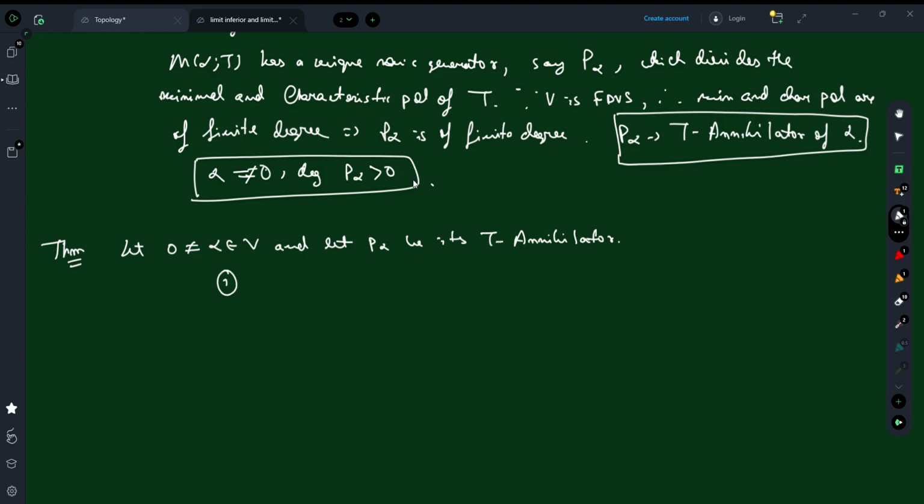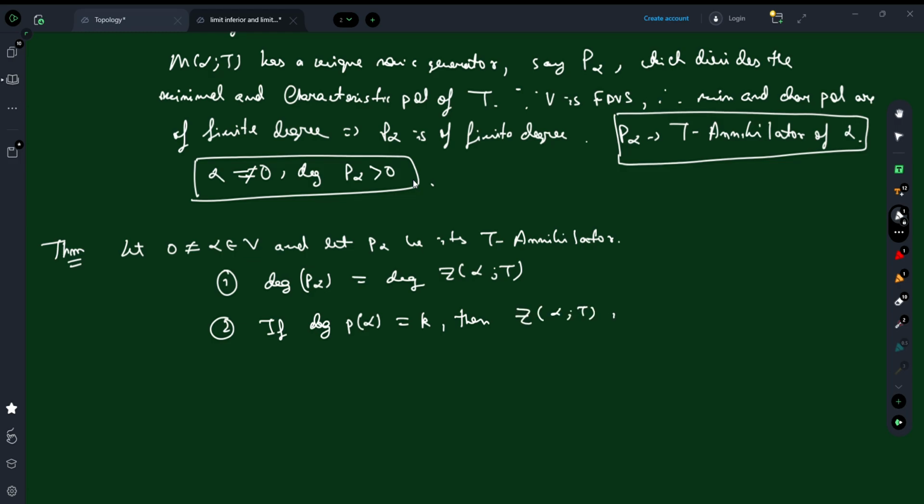Number one, the degree of P alpha is exactly equal to the degree of the T cyclic subspace generated by alpha. Number two, if degree of P alpha is equal to K, then obviously the degree of Z alpha T is also equal to K. Then Z alpha T has the following basis.